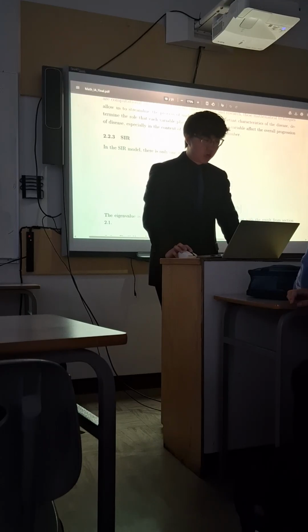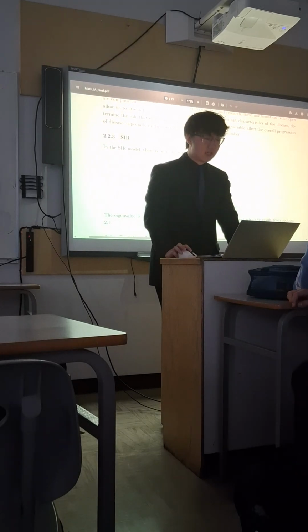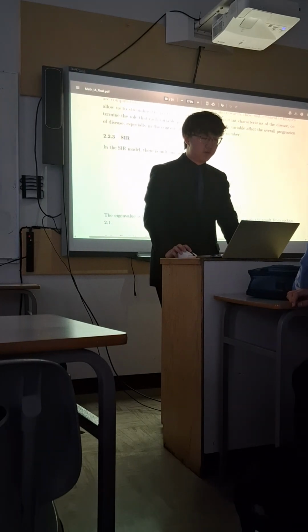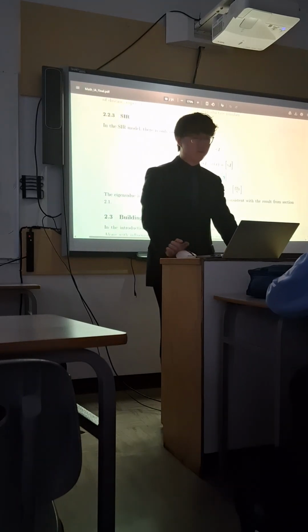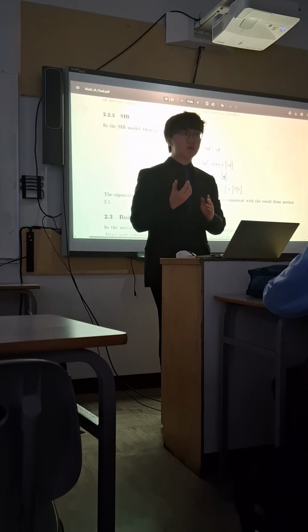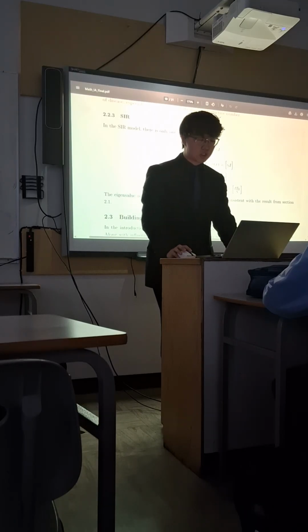If we want to find the Jacobian, because the only variable we have is I, then we take the partial derivative of f with respect to I at the disease-free equilibrium, which is beta S0. And then we take v with respect to I as well, which is just gamma. Now if we multiply F with V inverse, V inverse is just 1 over gamma.